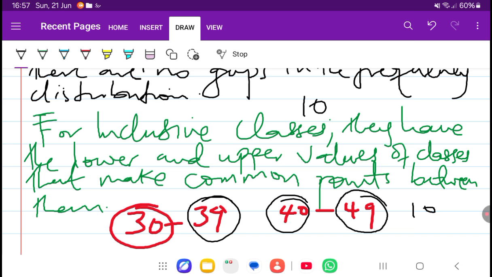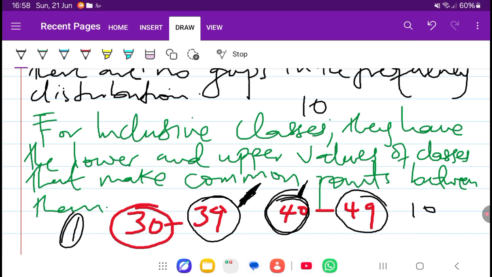Now there is a difference between the upper limit of this class, class 1, and the lower limit of this class. There is a difference of 1. So that's the gap that we are talking about. From 39 to 40, there is a gap of 1 that is left.